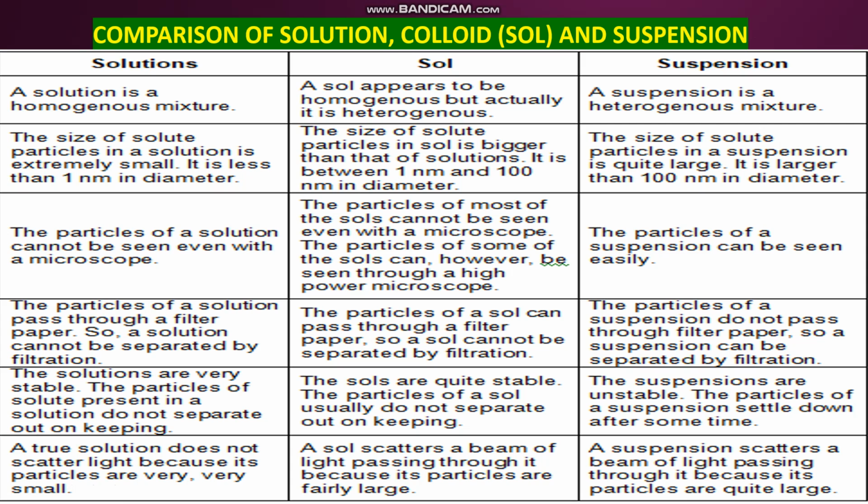Next, let us see the separation of the particles by filtration. The particles of a solution pass through a filter paper. So, a solution cannot be separated by filtration. The particles of a sol can pass through the filter paper. So, a sol cannot be separated by filtration. But the particles of a suspension do not pass through the filter paper. So, a suspension can be separated by filtration.